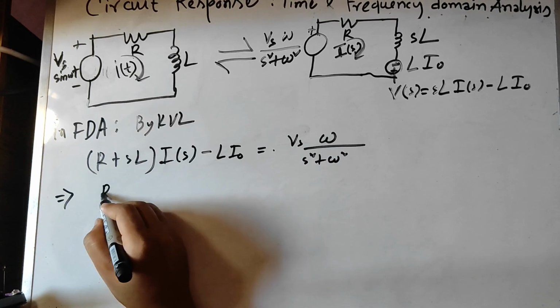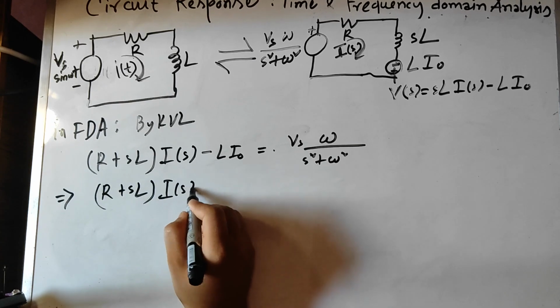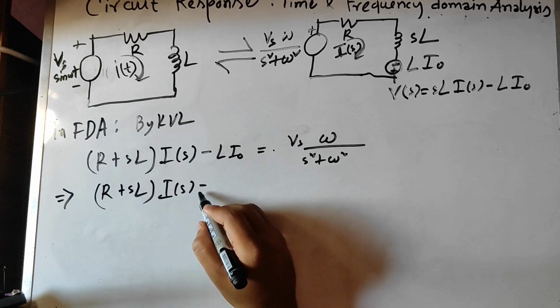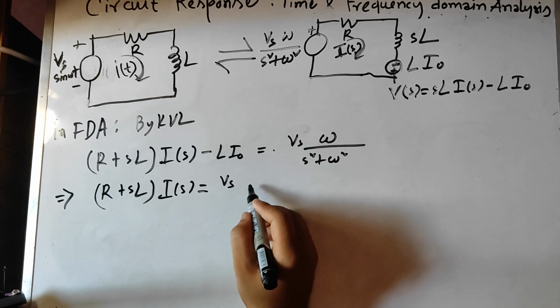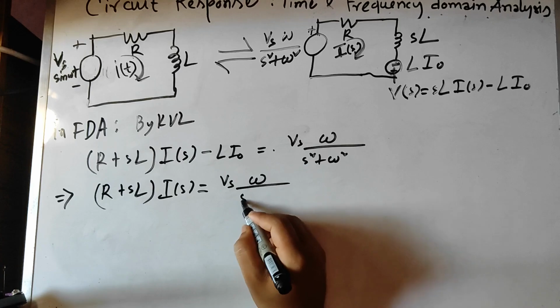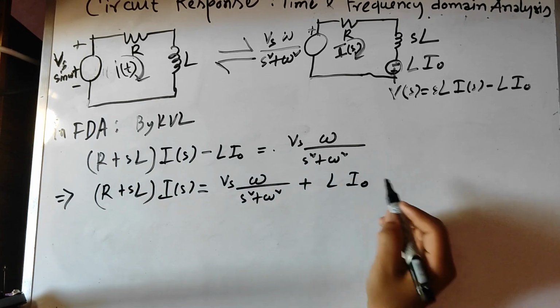So (R plus SL) I(s) equals Vs omega by s square plus omega square plus L I0.